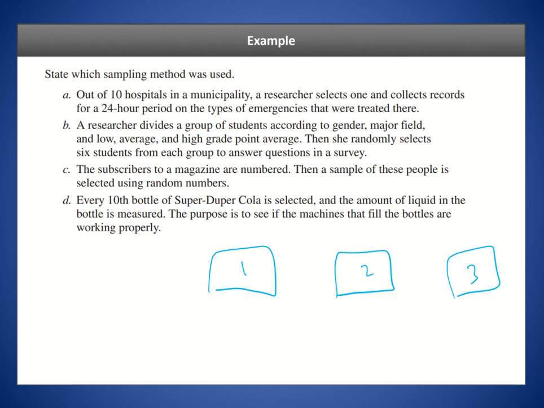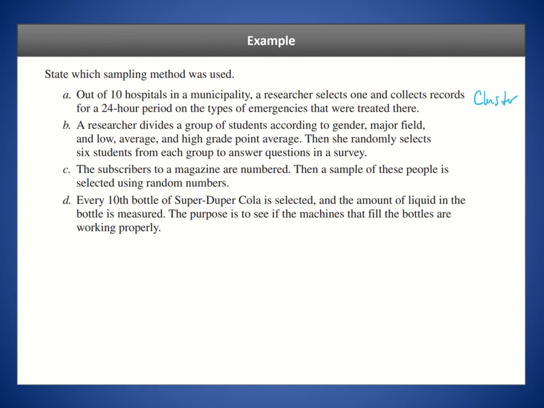So that's like your groups. And then you're only selecting one of those hospitals randomly. So let's say I choose hospital 2 randomly. And then you select everyone there, right? Select everyone there. And so that is cluster sampling. So this is cluster.